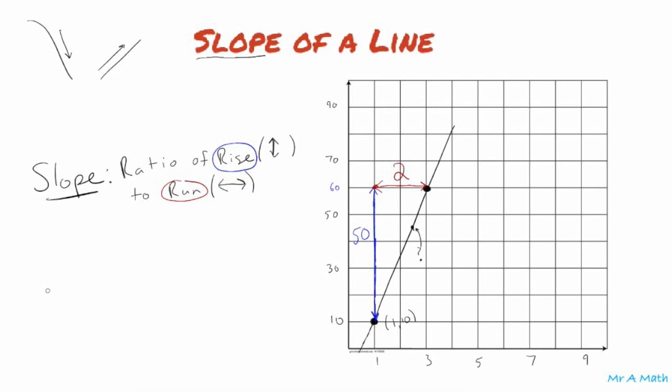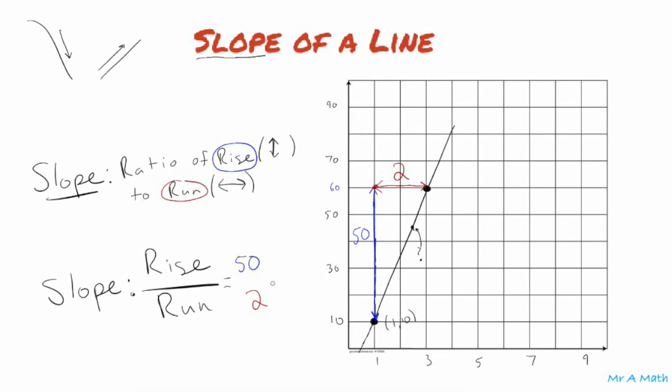And so now we can calculate the slope. The slope of this line is the ratio of the rise to the run. So we write that as rise over run. And now I'm just going to fill in my information. My rise from my picture I figured out was about 50. And then my run we found was just 2.